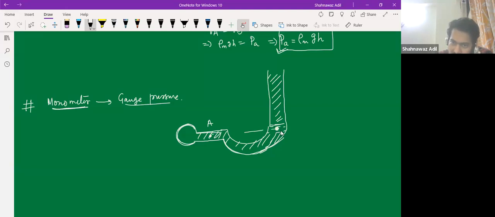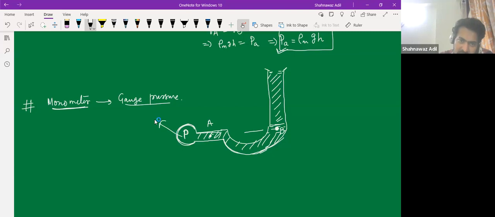This point is B, and this is open. This is open, and we have some material whose pressure we want to calculate. So that material is here, right?